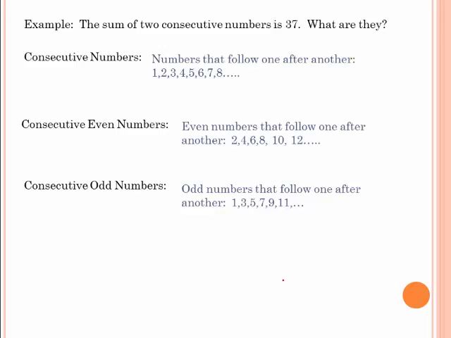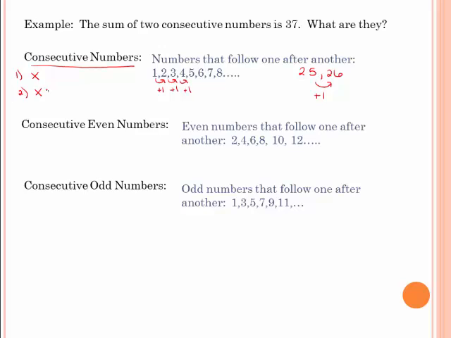Now, algebraically, we want to look at how to set this up. To go from a 1 to a 2 to a 3, 3 to a 4, etc., I add 1 each time. So if I started with 25, my next number would be 26. I add 1 each time. So when I don't know the consecutive numbers, my first is x.